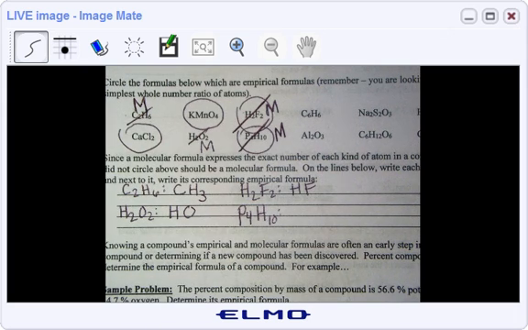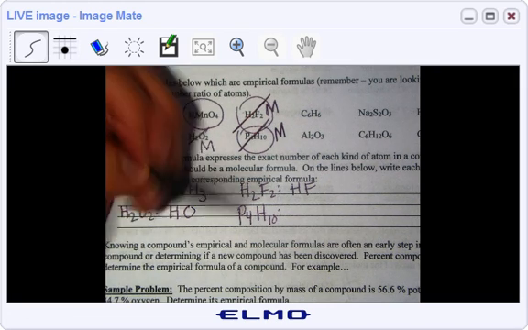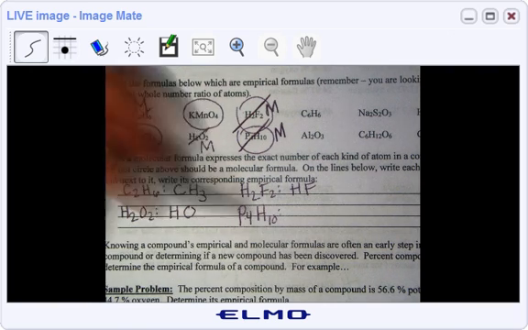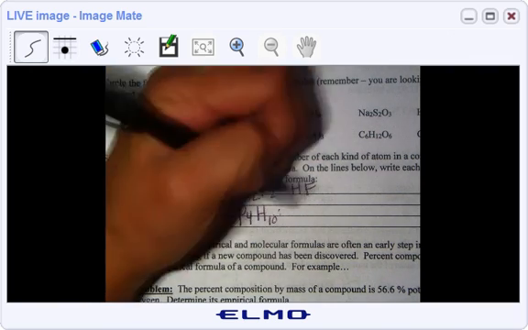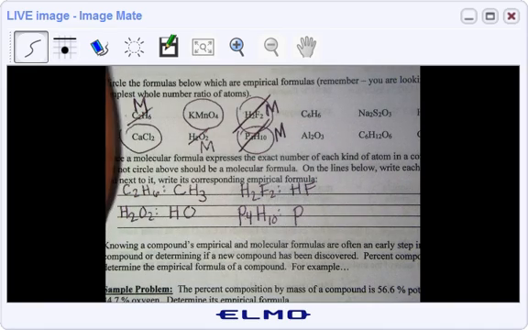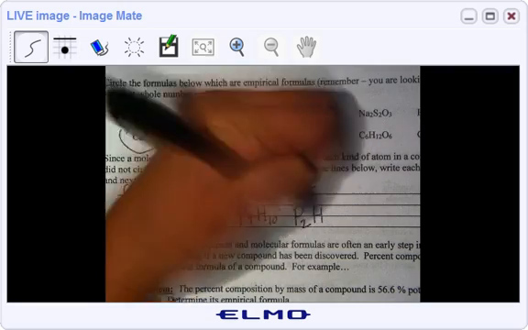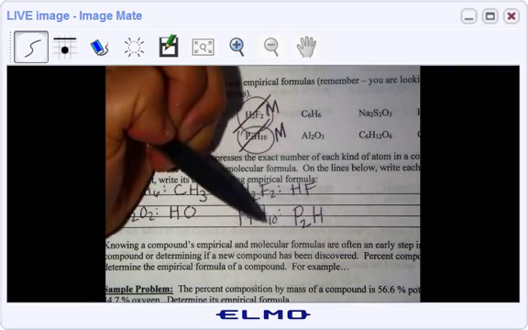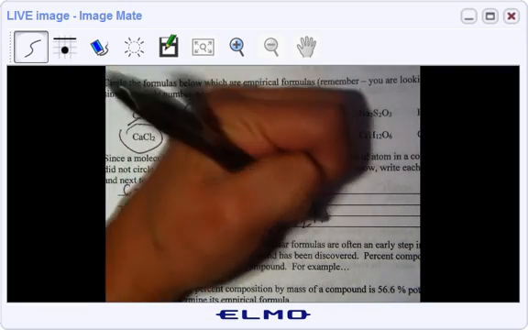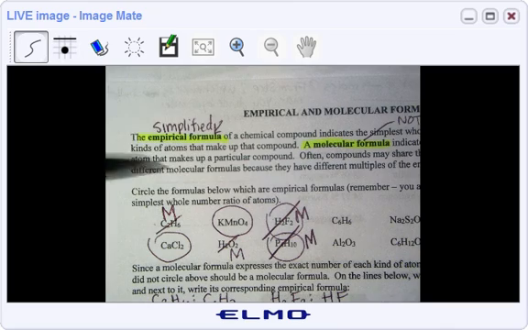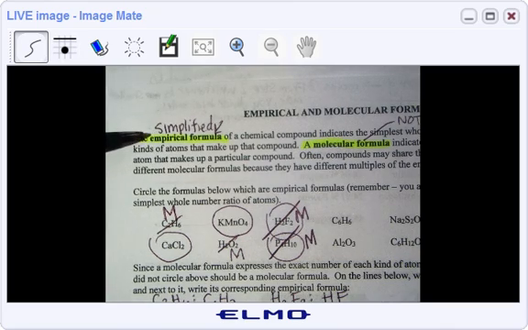When I'm reducing or simplifying, I'm using those words interchangeably. I'm just asking myself what number can go into both of these to get to a smaller number. So for this one, it's 2, so 2 goes into 4 how many times? And 2 goes into 10 how many times? So that's what you're going to do for the molecular ones. The empirical ones are already simplified. They're already reduced.